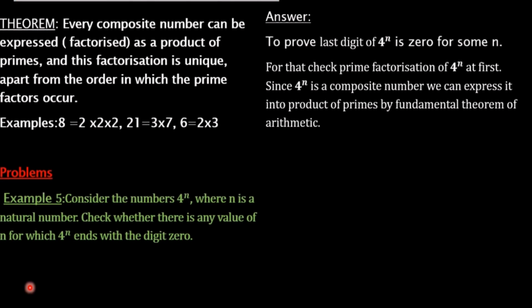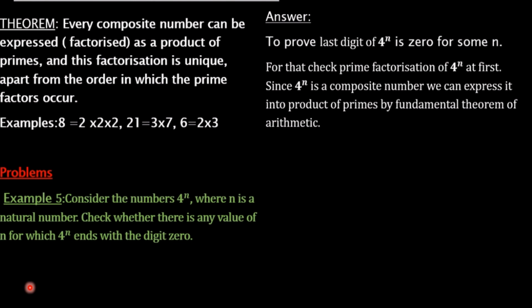If a number is a multiple of 10, then it ends with the digit 0. Otherwise, that number doesn't end with the digit 0. So, to check whether 4 raised to n ends with 0, we have to check whether 4 raised to n is a multiple of 10.